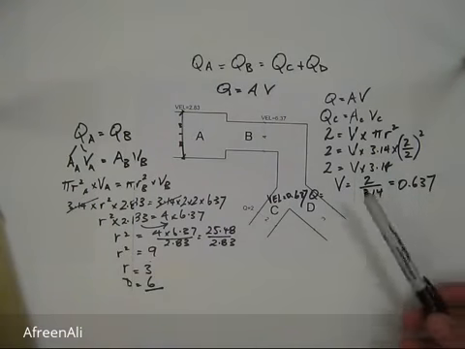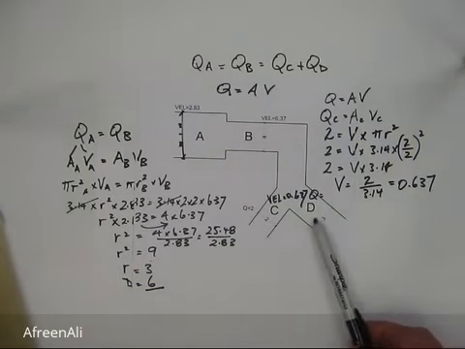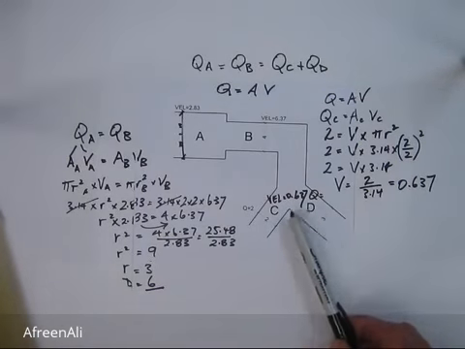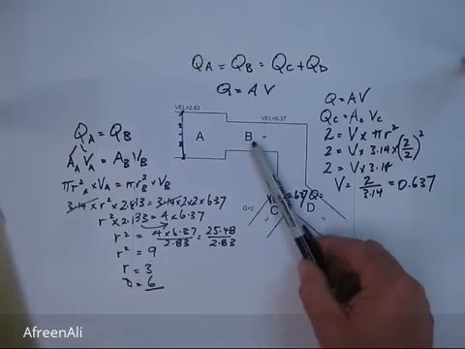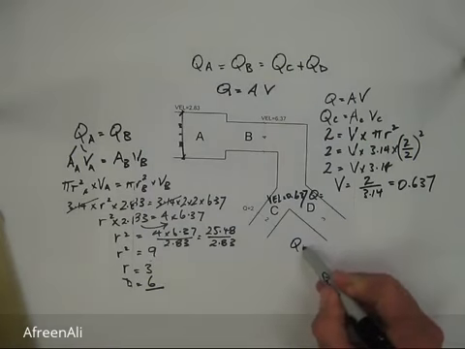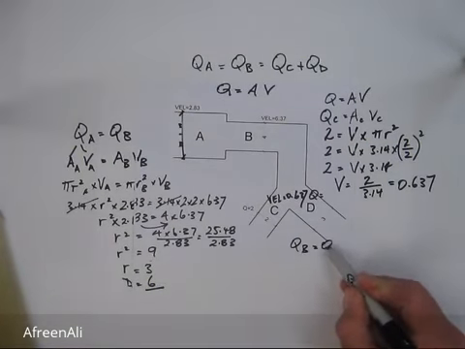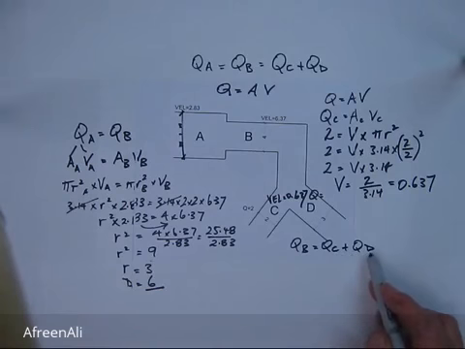Our final calculation is to determine the flow rate at D. And we know that the combined flow rate of the pipes at C and D equals the flow rate at B. So we can write the flow rate at B equals the flow rate at C plus the flow rate at D. So QB equals QC plus QD.